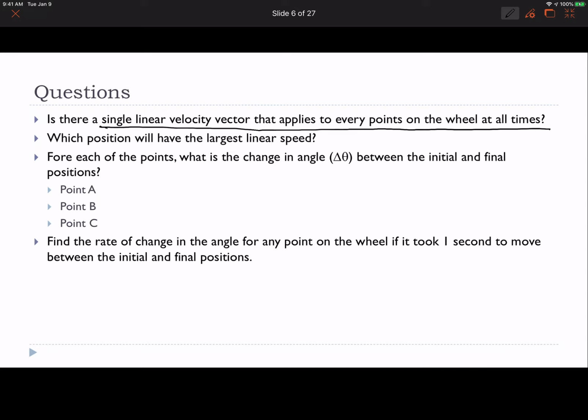If it's all the same, okay, great. If not, is there a position that has the largest speed? And then we can also ask, for which of these points is the angle change between some initial and final position greater? And then we'd like to also know what is the rate of change of that angle for any point on the wheel.